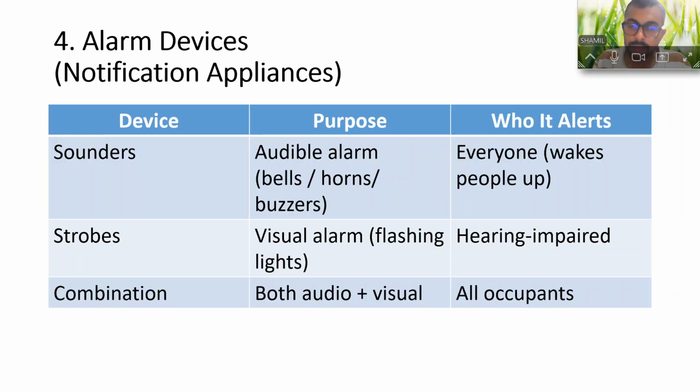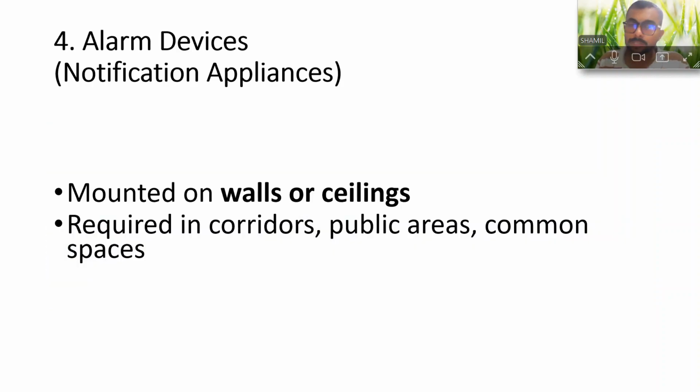So we have sounders, strobes, and the combination of both. Speaking collectively, the notification devices are installed in walls or in ceilings. They are required in corridors, public spaces, and common areas. So this is what notification devices are all about.